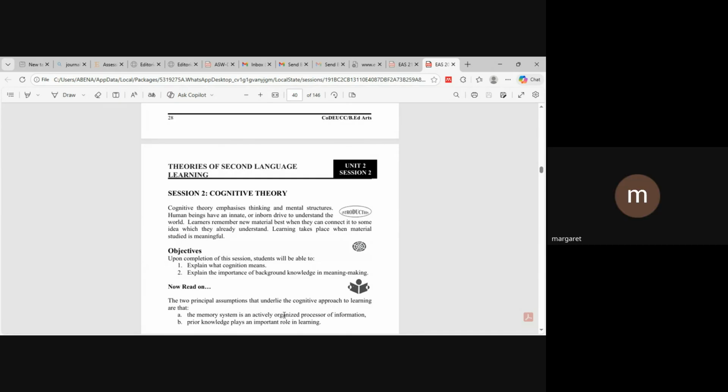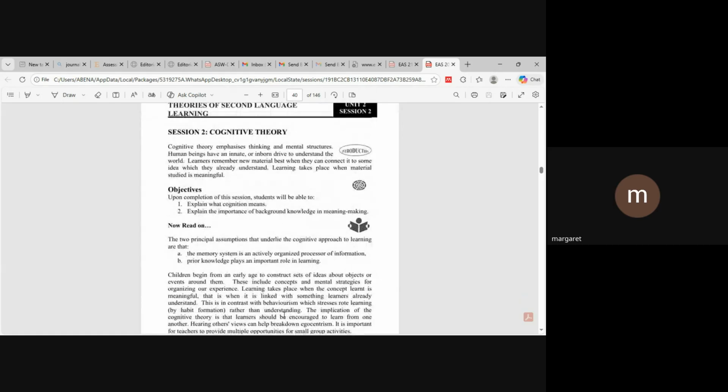So in this sense, the teacher will not be the sole provider of what the child will need to learn a language. We believe that the child also has that innate ability. Now, the theory is built on two principles.